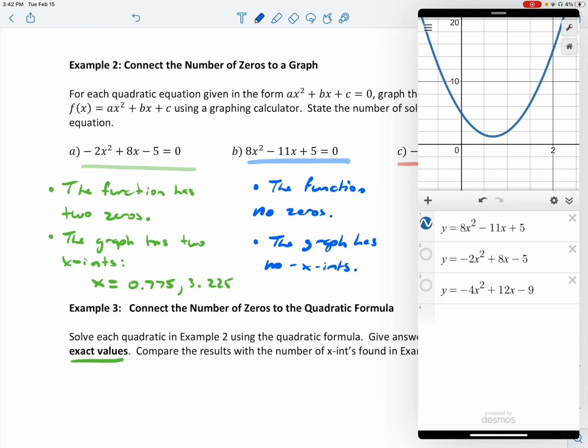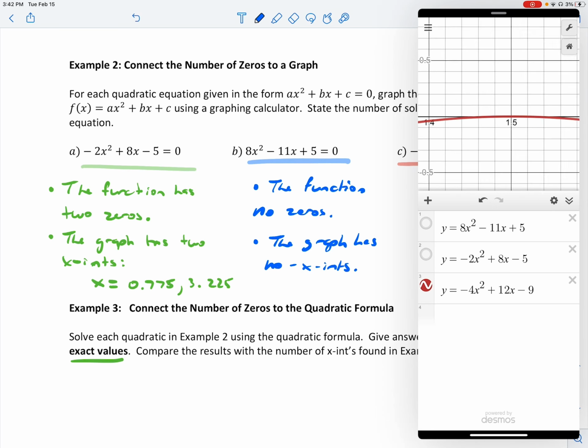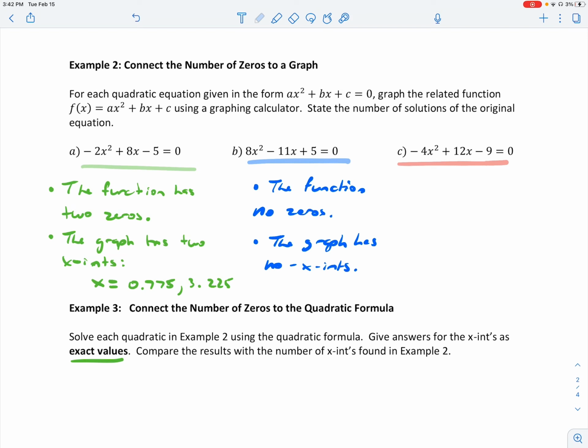In our last case with the red curve, you could tell when I zoomed in before, this only has one x-intercept. That's because the vertex is right on the x-axis. So we can say here the function has 1 zero.